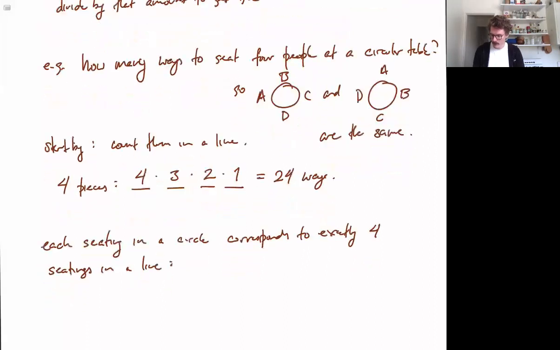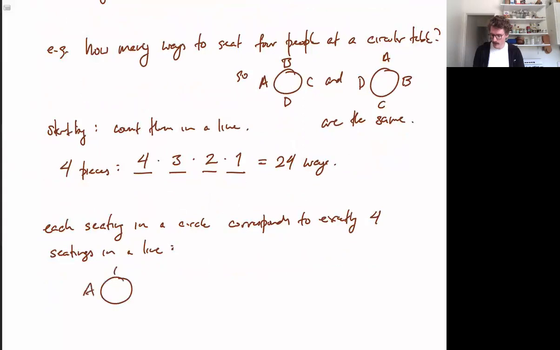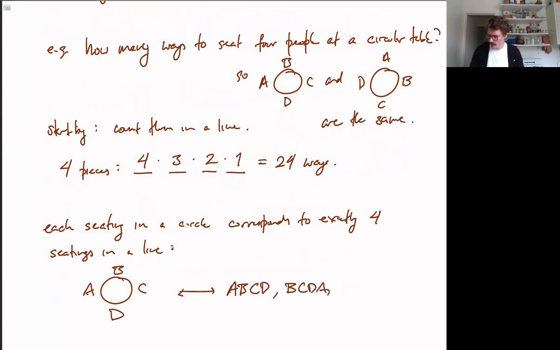For example, our seating that we were talking about before, A, B, C, D, we could write this in a line as A, B, C, D, but we could also think of all the rotations. So this could be B, C, D, A, or C, D, A, B, or D, A, B, C.